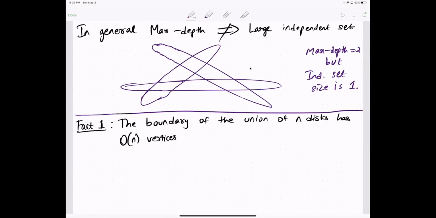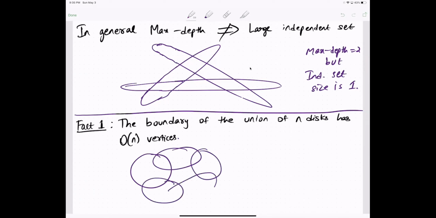So you'll see a lot of figures in today's lecture because we're dealing with disks. Okay, so what is union? Union is that portion of the two-dimensional plane which is being covered by these disks.